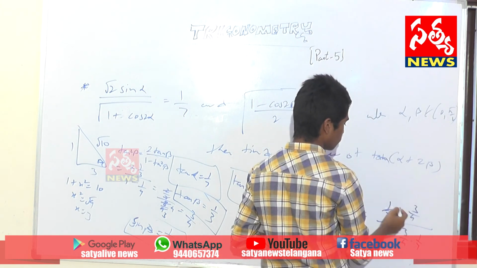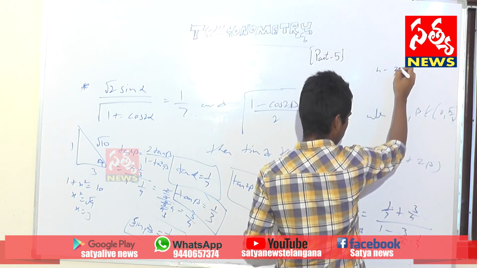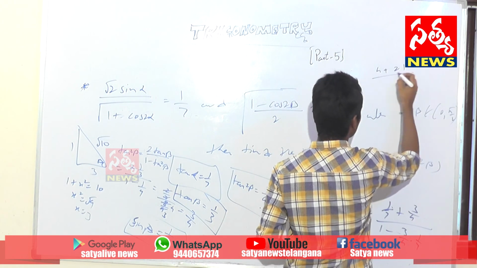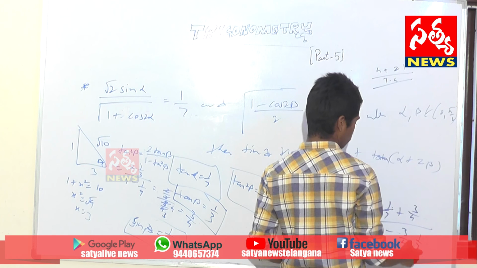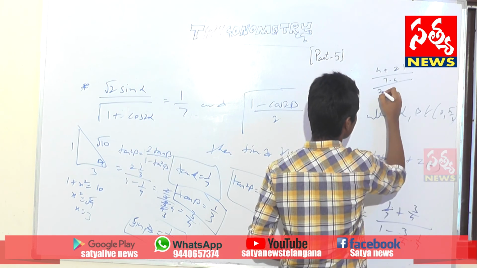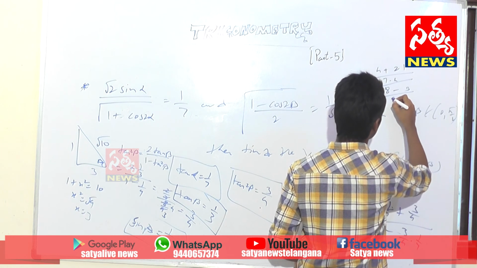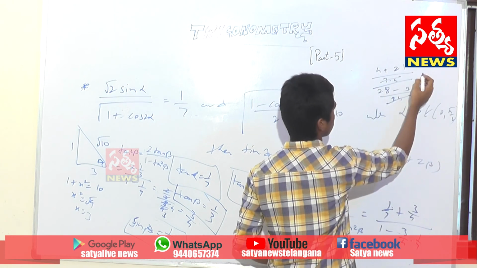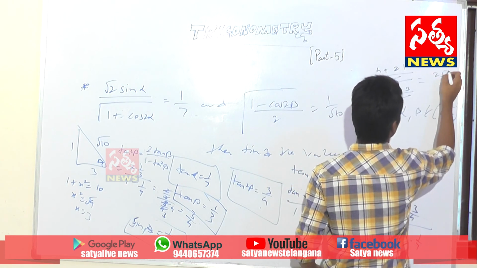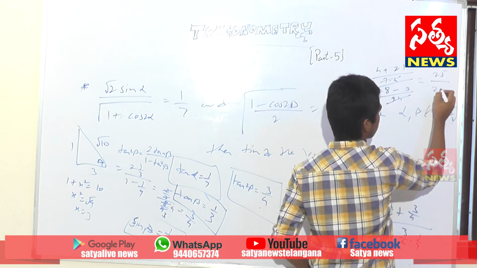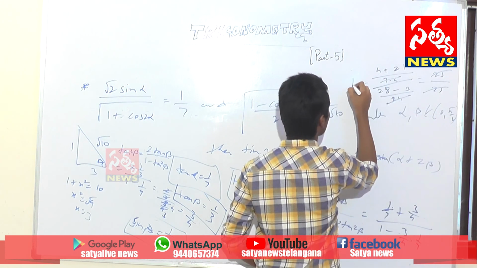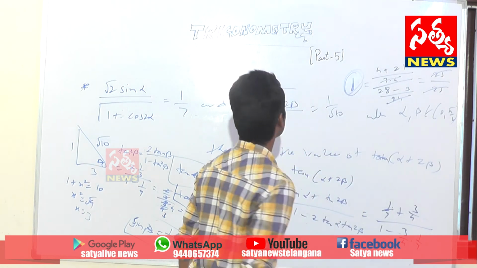By doing LCM, 4 plus 21 by 7 into 4 by 28 minus 3 by 7 into 4. 7 into 4 gets cancelled. 21 plus 4 is 25. 28 minus 3 is 25. 25 cancels and we get the answer is 1.